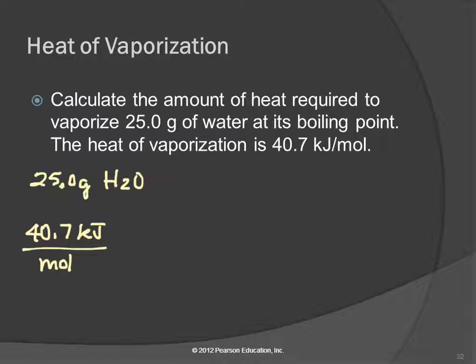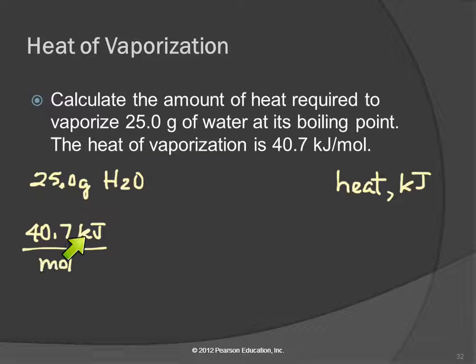And what are we trying to find? What's it asking for? Amount of heat. Heat is energy. What's a unit of heat? Kilojoules. It doesn't specifically say kilojoules, but we've got this guy over here, and that's got kilojoules in it, and so we could get to kilojoules pretty easily.